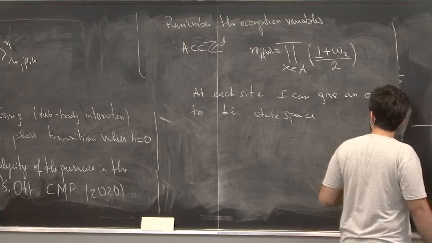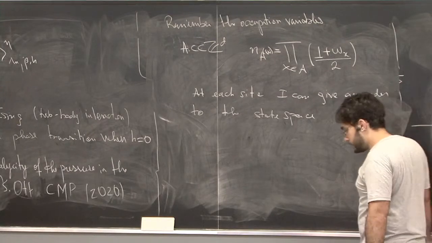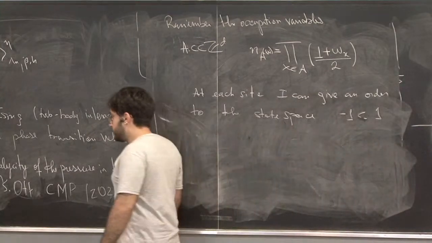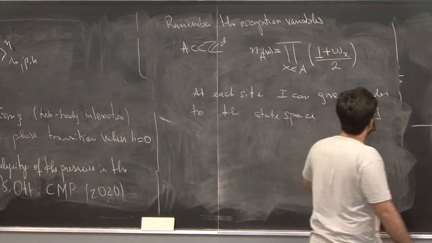And this order is just -1 is less than 1, since you only have two values.